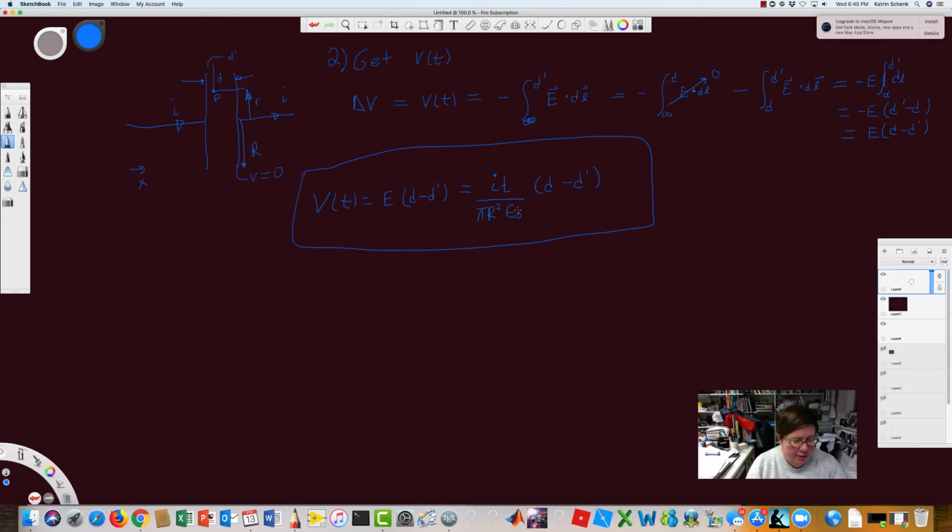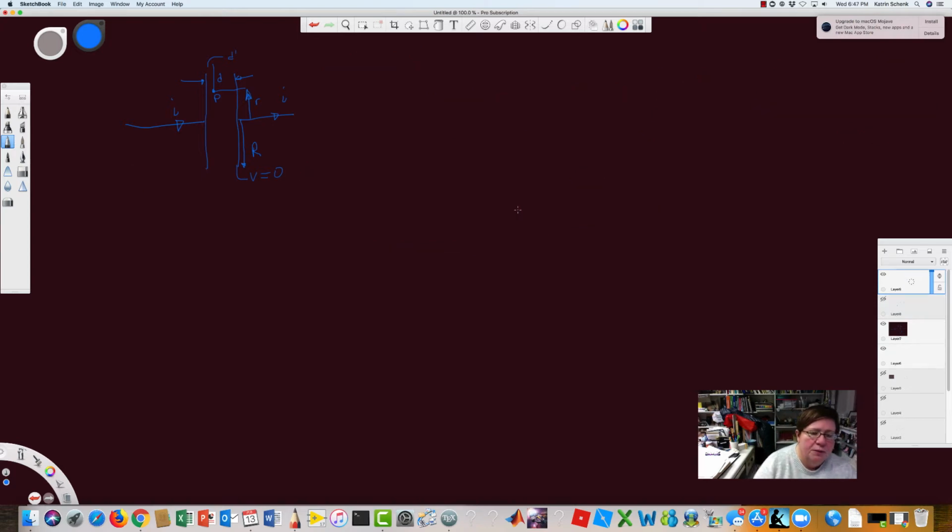All right, on to the next. All righty, so let's go on to the next one. This is number 3, B of t. All right, for this one, let's just draw another picture here, a little bigger. Okay, here's our point P. And we want the magnetic field here, so I'm going to use Ampere's law, and let's remind us what that looks like. We've got to use the right one.